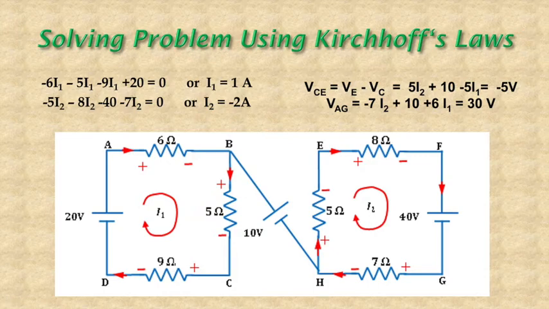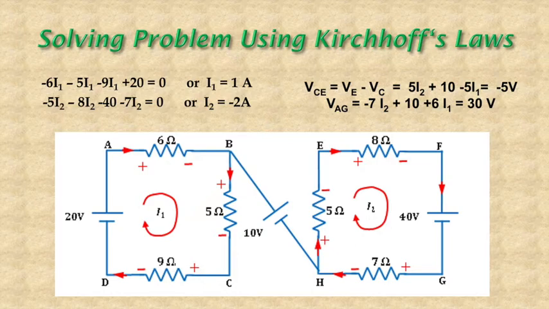But between B and H there is no current flow path, because a current flow path is always a closed path. Outgoing and incoming paths are not the same.